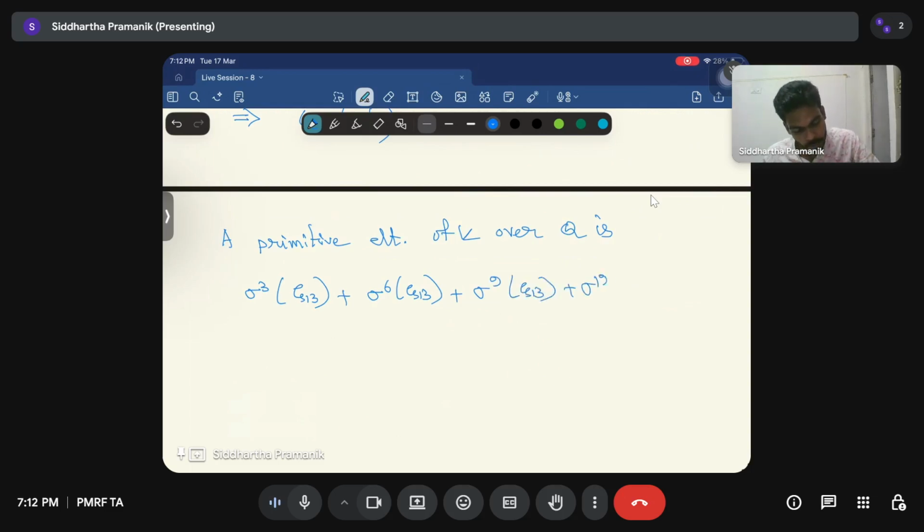Finally sigma power 12 applied to zeta 13. This is simply, you can check.